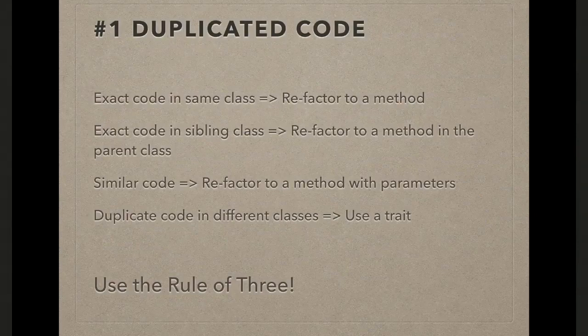And then if you have duplicate code in completely different classes, that's what traits are originally intended for. And then has everyone heard of the rule of three? Anyone not familiar with it? So the rule of three is basically that it's okay to copy something once, but as soon as you copy it a second time, that's when you need to refactor and get that duplication out.